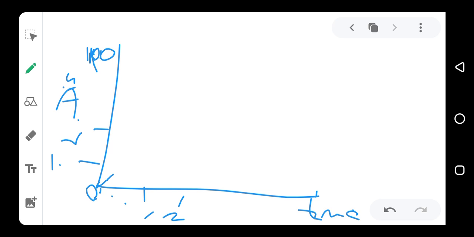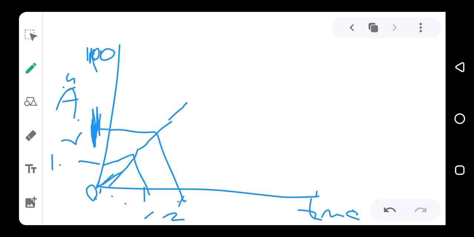It starts from 0. It has not covered any distance. Then it moves to 1, then it comes to this. So at point 2, that is distance equal to 2 meters, it gets there in 2 seconds.